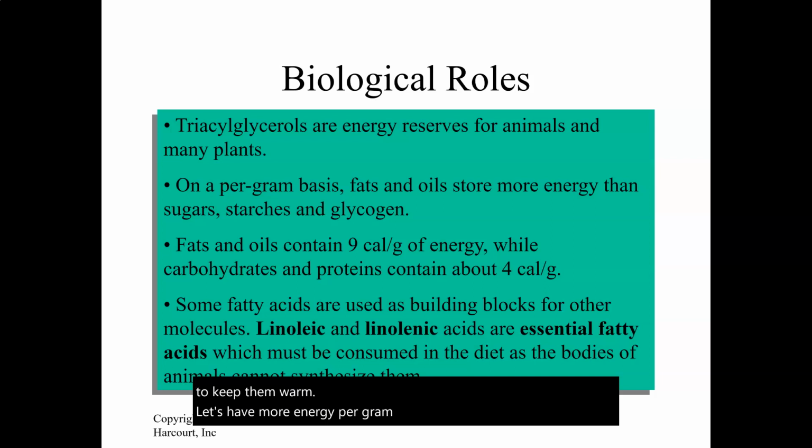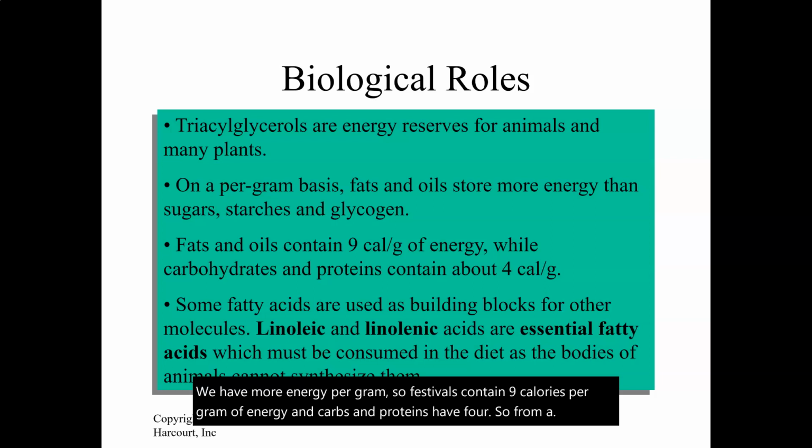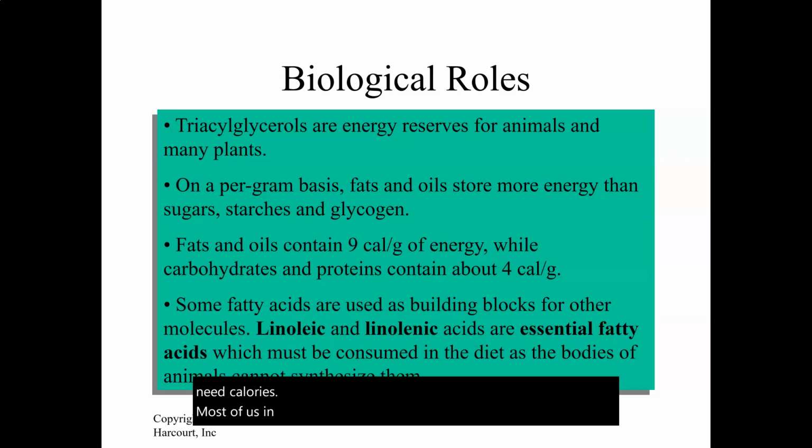They contain 9 calories per gram of energy, and carbs and proteins have 4. So from an energy standpoint, it's better to eat fats and oils if you need calories. Most of us in America don't need those extra calories, but that's why they're important.